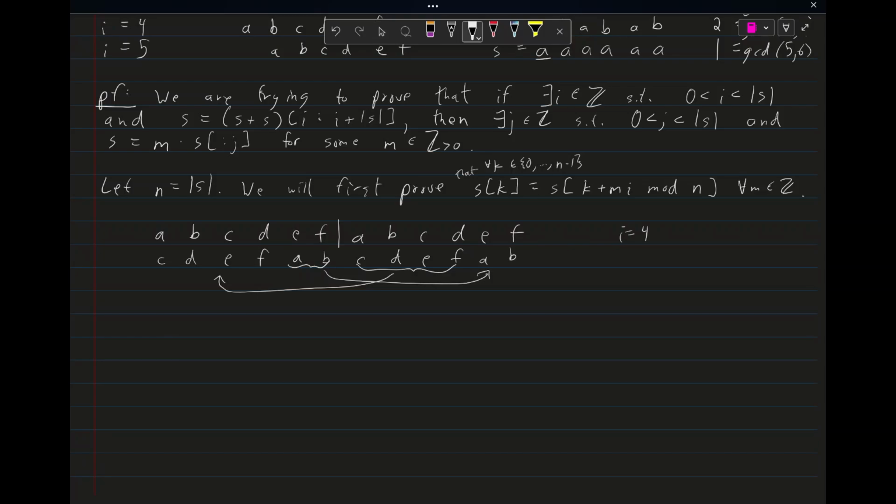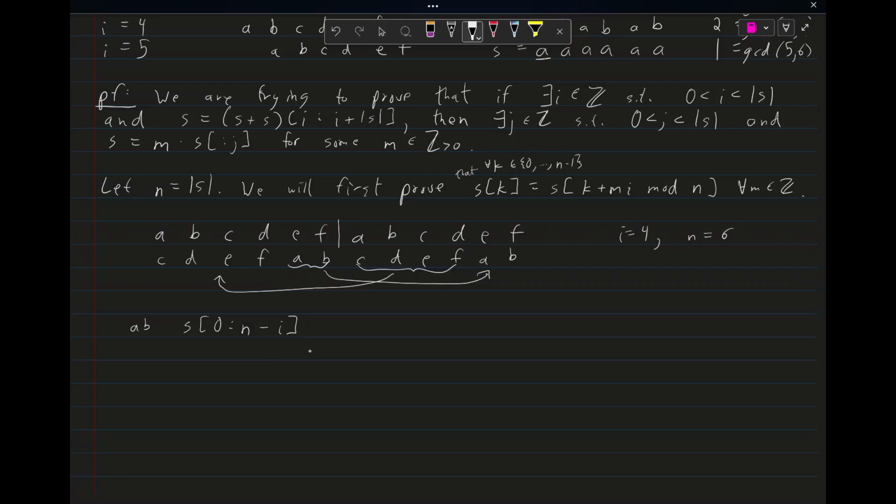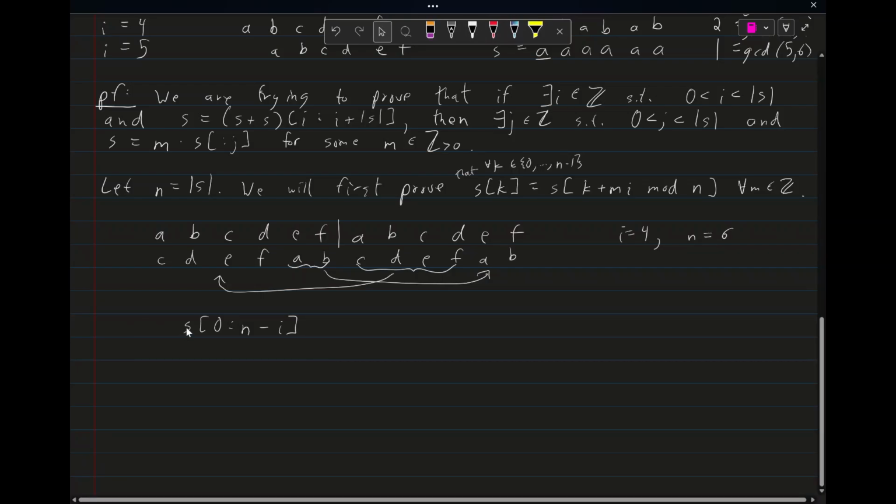AB is S starting at 0 and going all the way up to N minus I, because remember, N equals 6. So AB is S starting at index 0 and going up to index N minus I, which is 2. You don't include that index, so you just go up to 1. So it's indices 0 and 1, which is just AB.